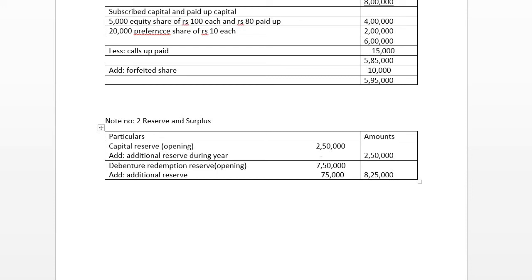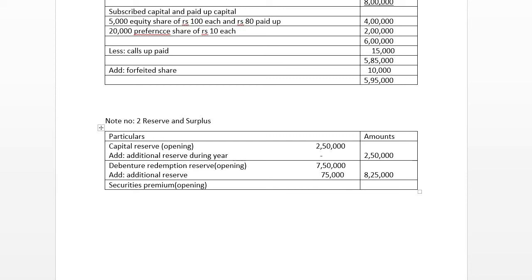Assume that securities premium is available. Suppose it is opening, the securities premium which is issued to the shareholders, which is more than the par value of the share. This also has an intention to protect the shareholders.